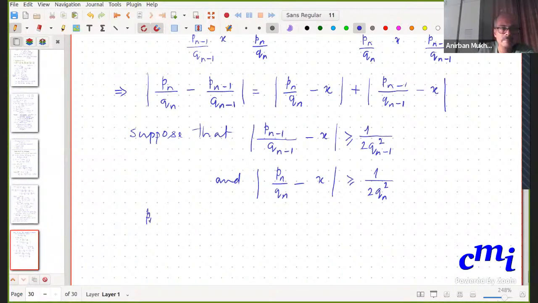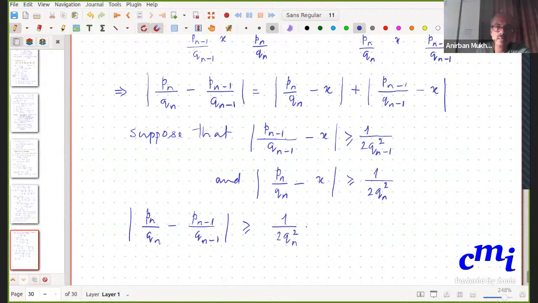So Pn by Qn minus Pn minus 1 by Qn minus 1 in absolute value is greater than or equal to 1 over 2Qn square plus 1 over 2Qn minus 1 square.